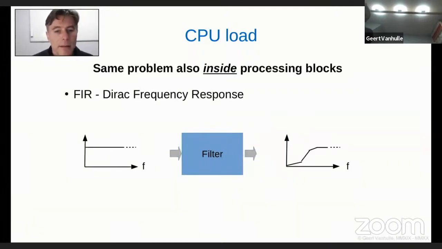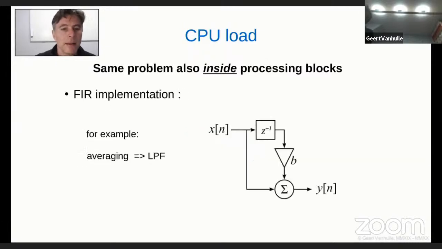Now, if we look at it in the frequency range, the Dirac pulse is the same as the whole set of frequencies, and it gives us some kind of a frequency response at the output. And how do we build that? Well, we build it by delaying and adding samples together. For example, if we add sample number n together with sample n-1, we get an average. And what is an average? Actually a low-pass filter.